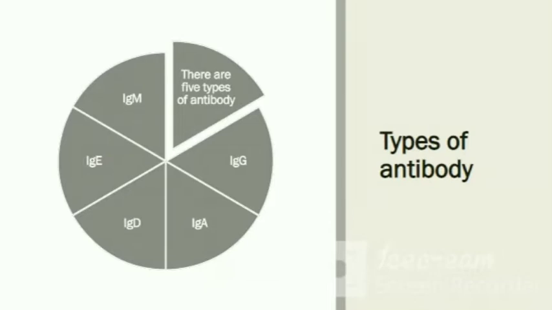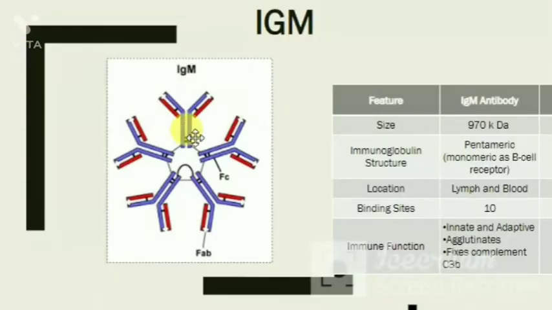For IgM, we'll have to go to the next slide. Here the structure of IgM is appearing on our screen, and it gives the weight of the IgM antibody. The weight is 970 kilodalton. It is pentameric in structure. Pentameric means this antibody has five sites.